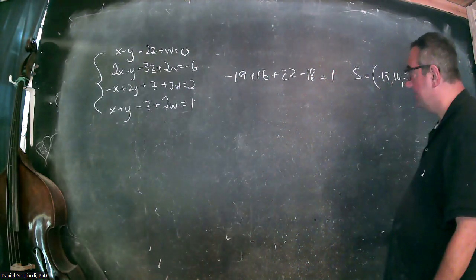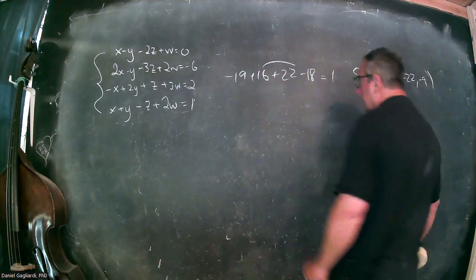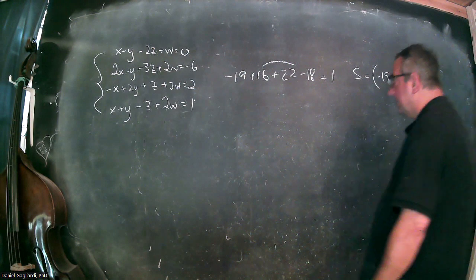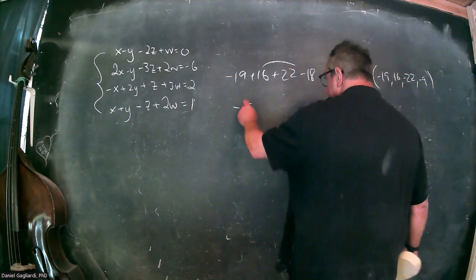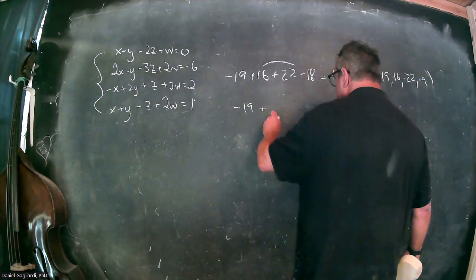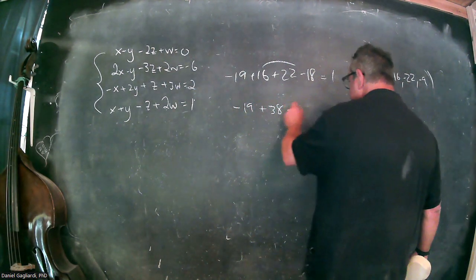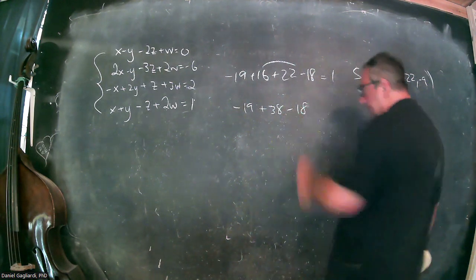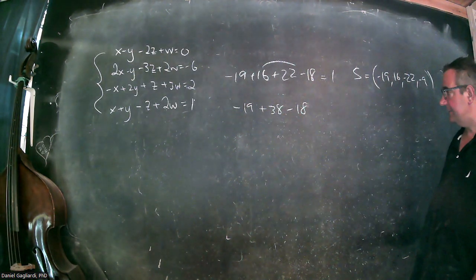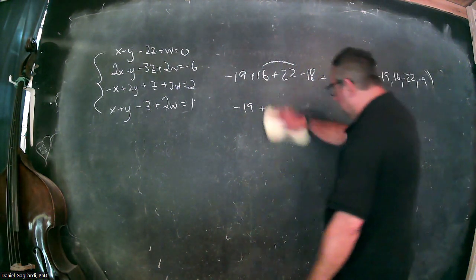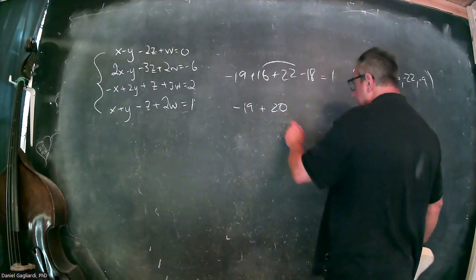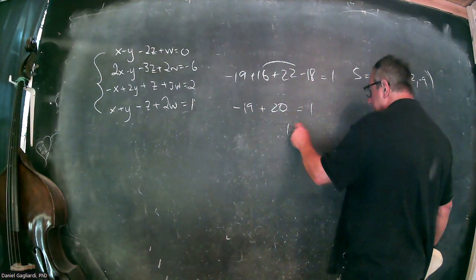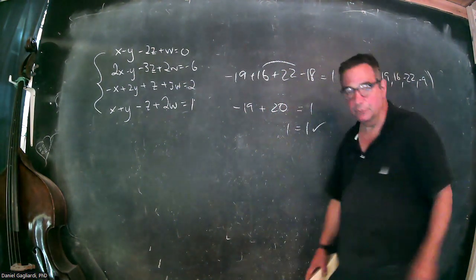Let's see what happens. Well, the 16 and 22 gang up together to be 38, right? So we have negative 19 plus 38, right, minus 18. I'll take advantage of the fact that 38 minus 18 is simply equal to 20, right? So negative 19 plus 20 indeed is equal to 1. And our solution checks.